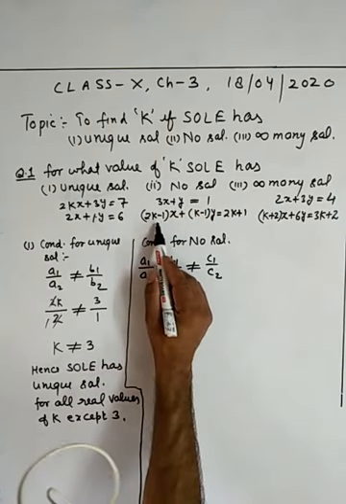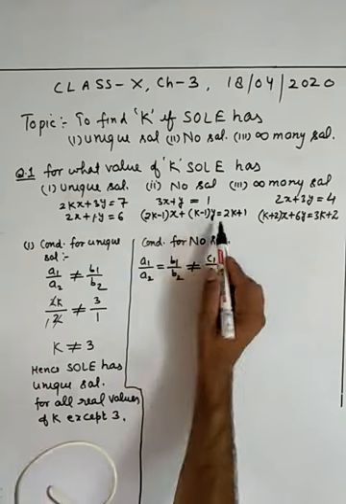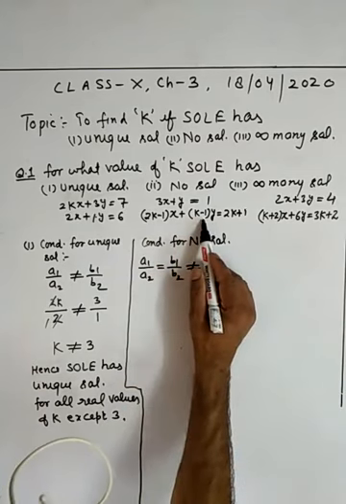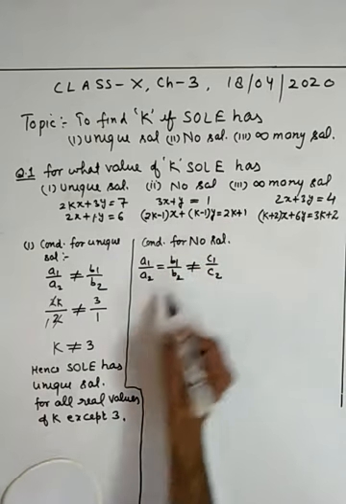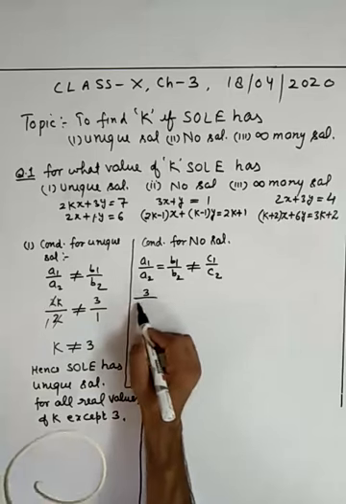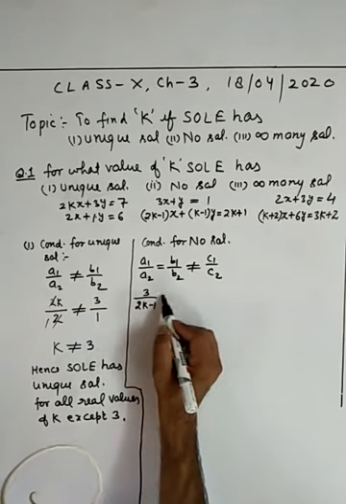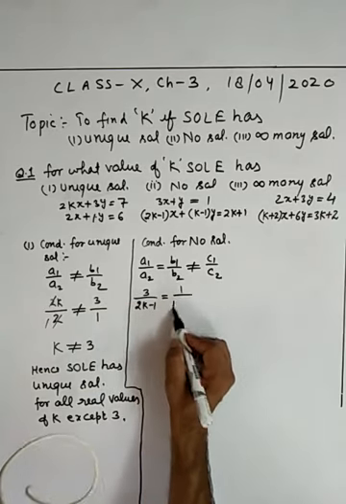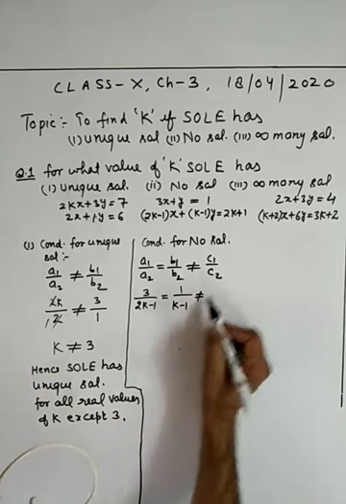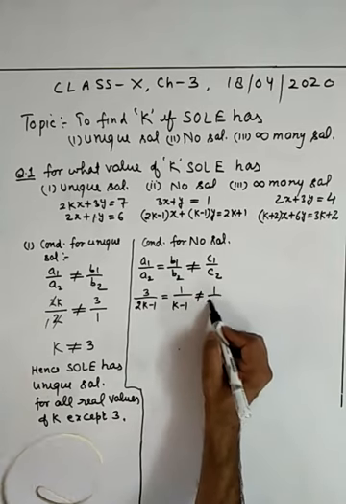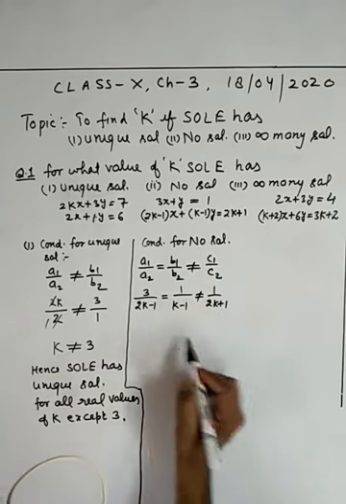Here we don't take x, we don't take x in a2. b2 is k minus 1 and c2 is 2k plus 1. 3 upon 2k minus 1, 1 upon k minus 1, not equal to 1 upon 2k plus 1.